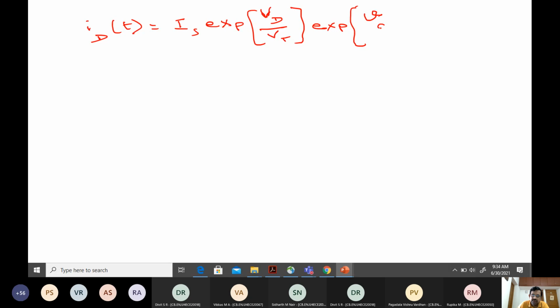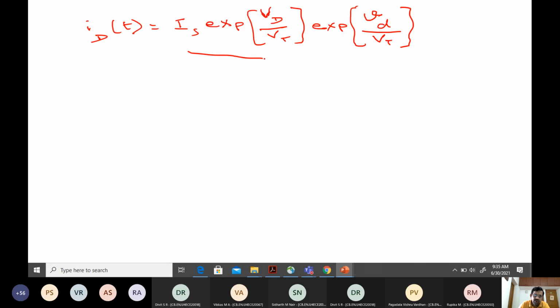So with this, rewrite this equation again carefully here. i_D of t equal to I_s exponential of capital V_D by V_t times exponential of small v_d by V_t.